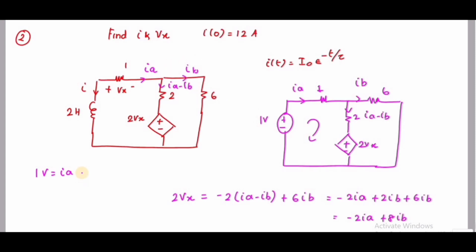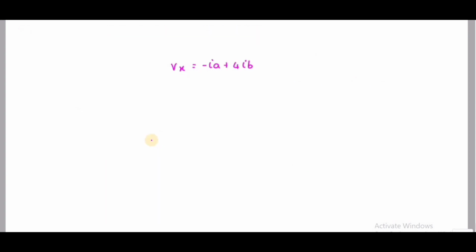So for the second loop, I can write 1 volt is equal to IA plus 2 into IA minus IB plus 2Vx.